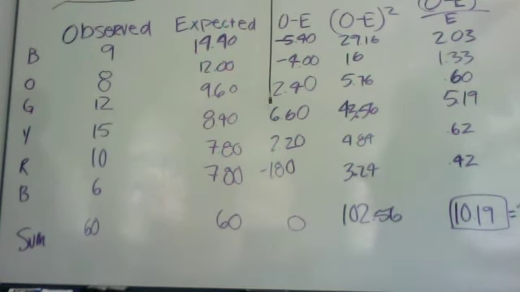So, Mars Candy puts out that there should be 24% blue candies, and so you find the amount of candies in each that are expected, and then you subtract from your observed number, and then you do observed minus expected squared so that you have all positive numbers. And then in the last row, you will have the observed minus expected squared over expected, which is our numbers for our chi-square goodness sum.